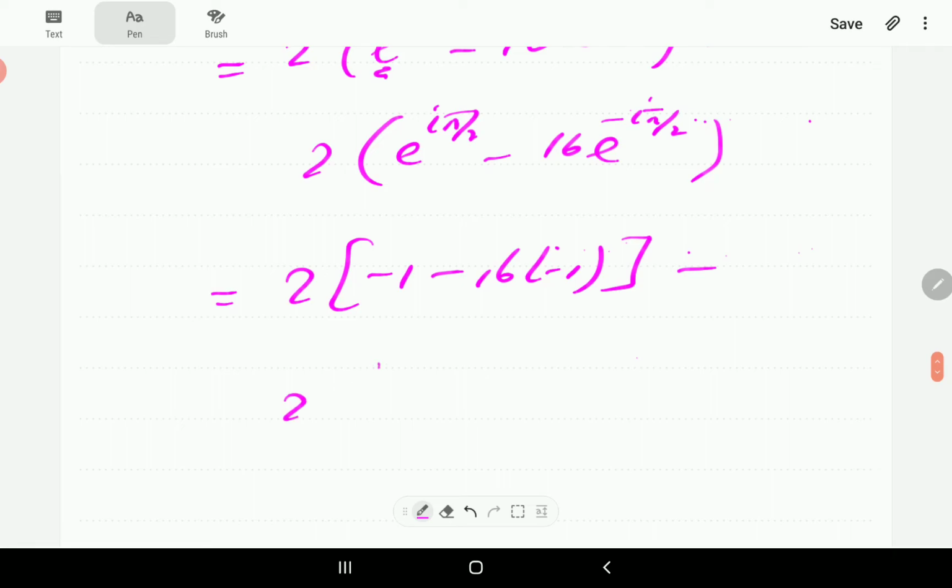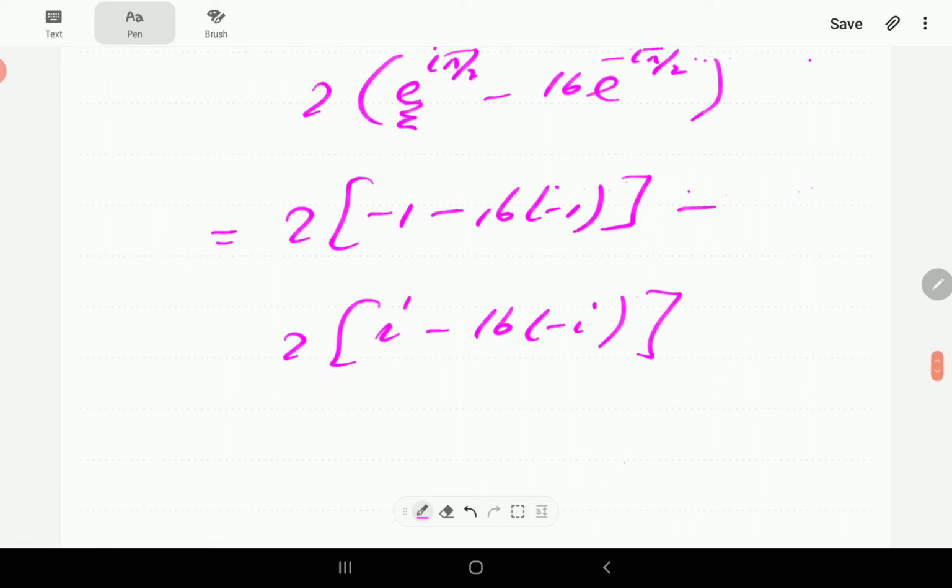Then e to the i pi on 2 is i, and e to the minus i pi on 2 is negative i. So from this one, we're going to have 16 minus 1, which is 15.